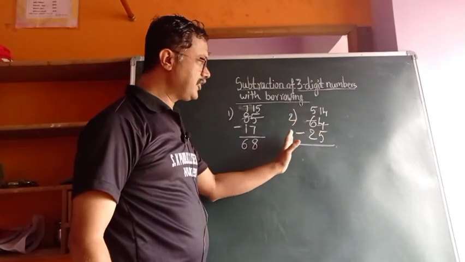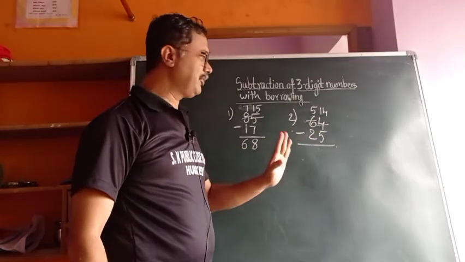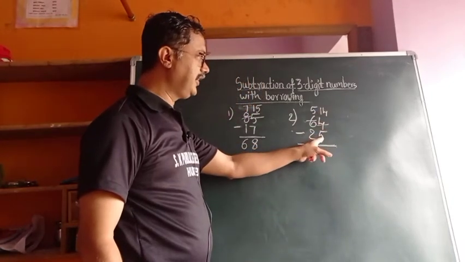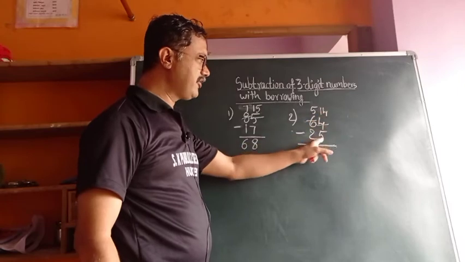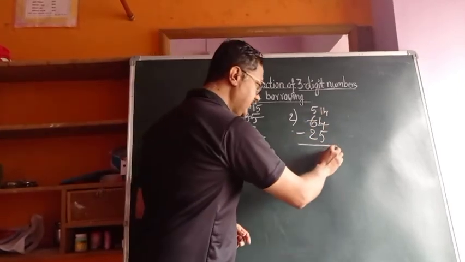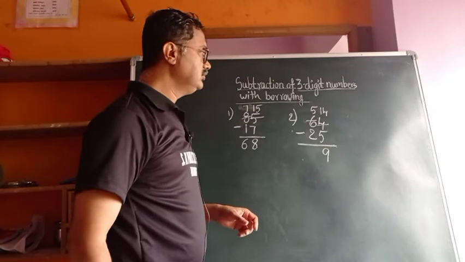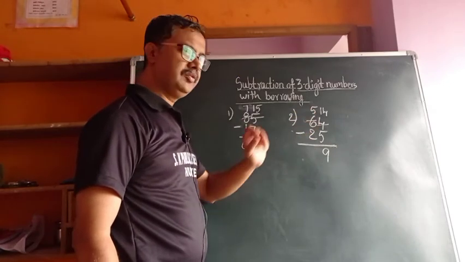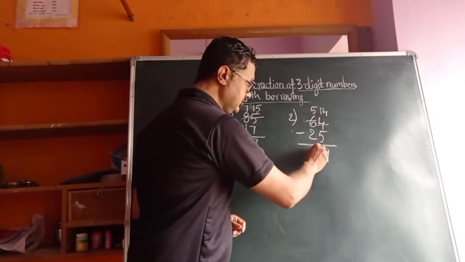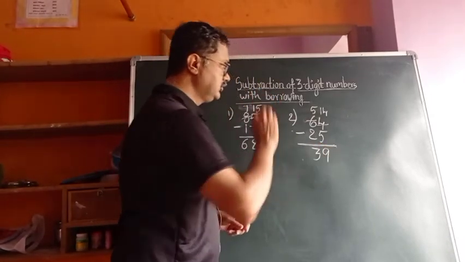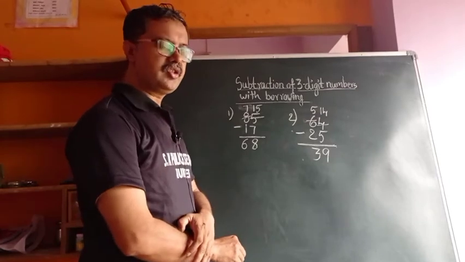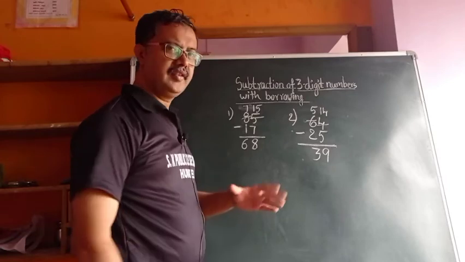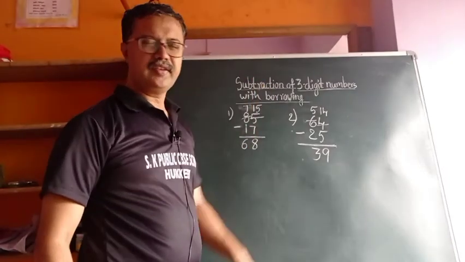Yes, I am solving according to the textbook method. Please remember. 14 minus 5 is 9. 5 minus 2 is equal to 3.